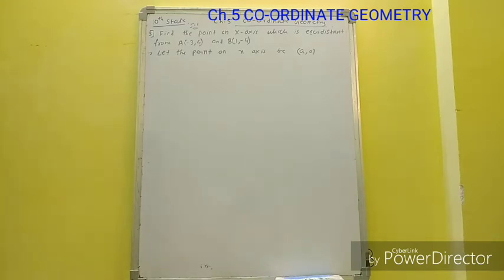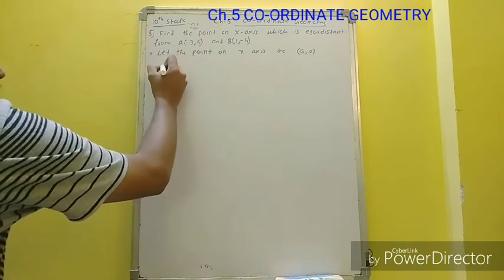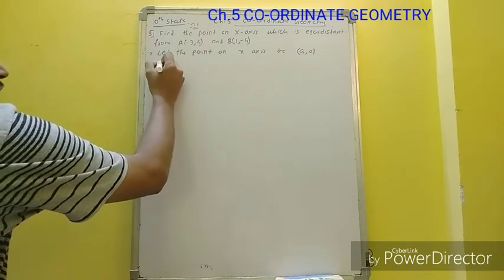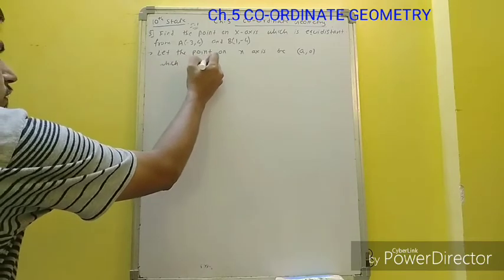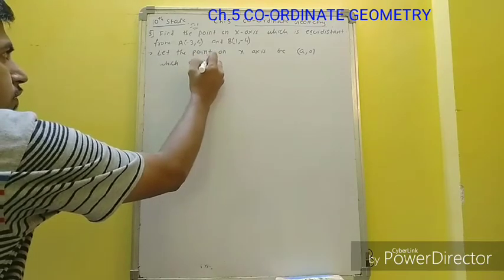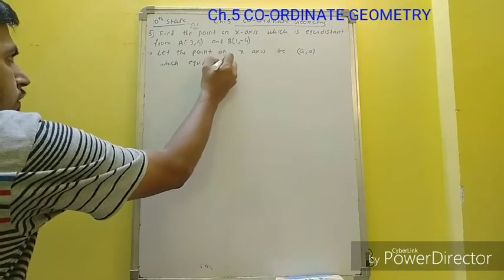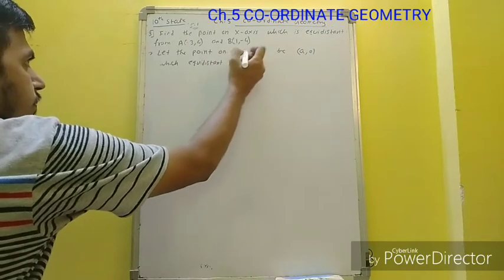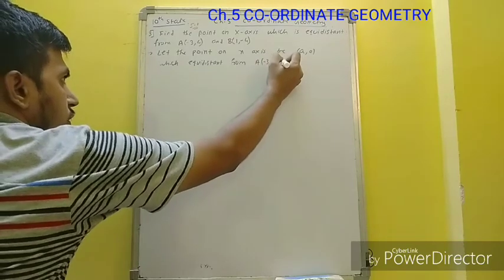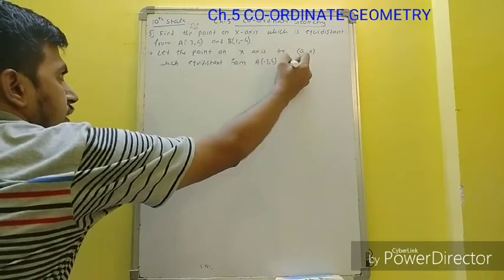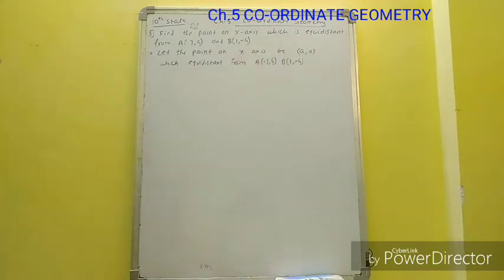So we can say that the point is equidistant from A and B, where A is (-3, 4) and B is (1, -4).